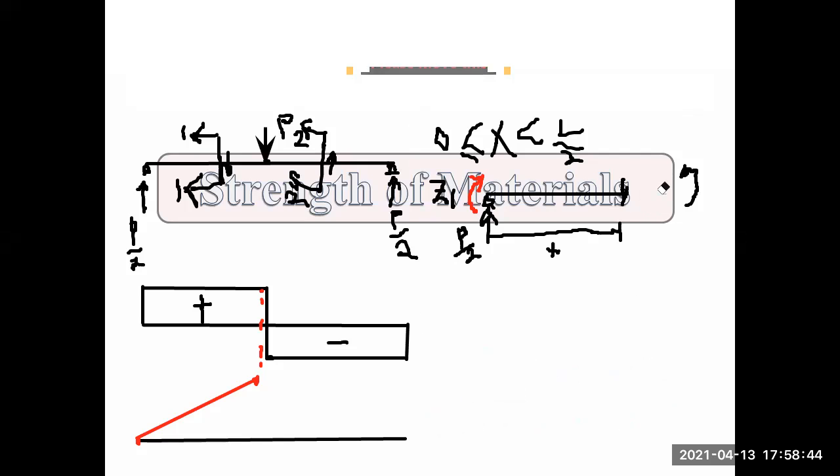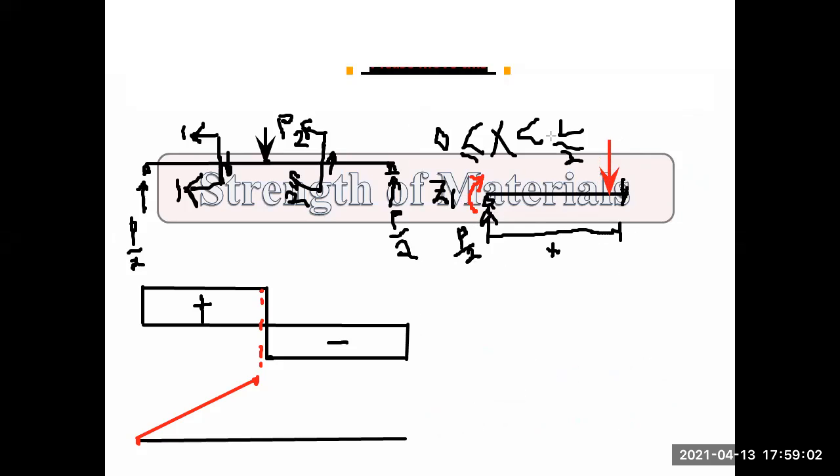So I just add zone 2. I make use of the same drawing. I consider that this x has gone beyond L over 2, so the point load, I can see it over here. I have a point load, right? So it has gone beyond.